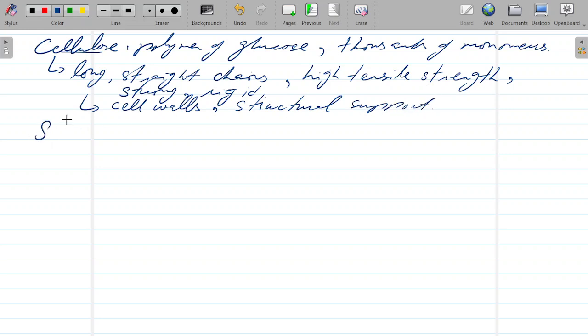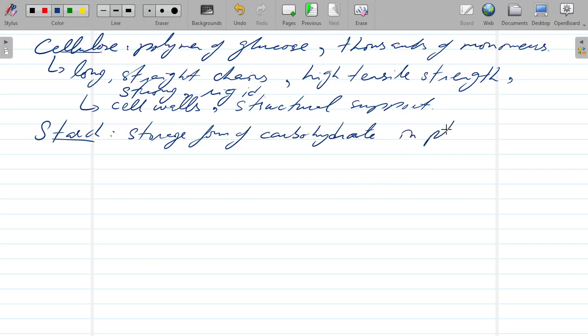Then you've got starch. This is the storage form of carbohydrate. As I already mentioned, it's a polymer of glucose. It is a storage form of carbohydrate in plants.